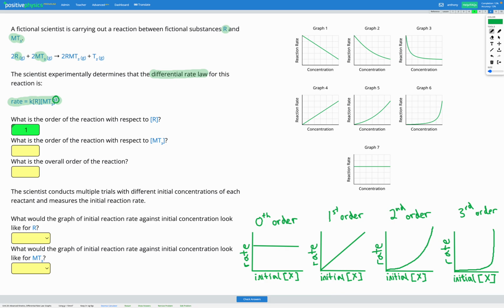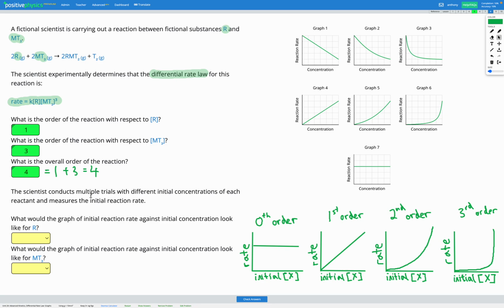So our order of reaction is 3 with respect to the concentration of MT3. So we've got our orders of reaction for each component. To find the overall order, we're just going to add those up. It's going to be 1 plus 3, which is 4. So overall, we have a 4th order reaction.